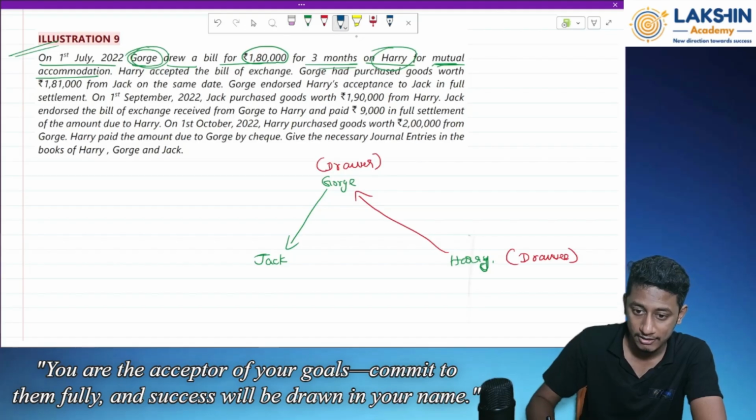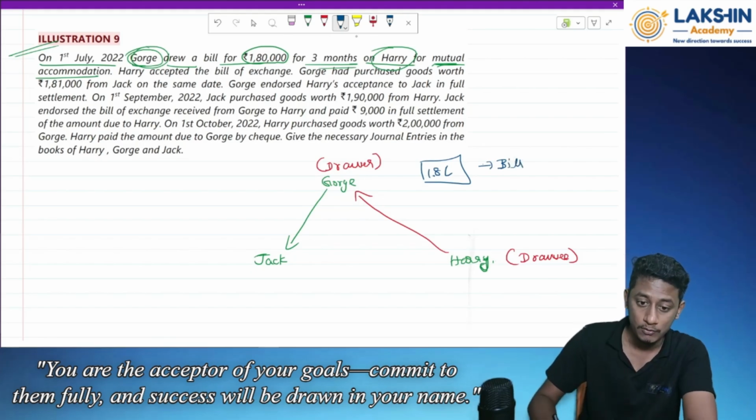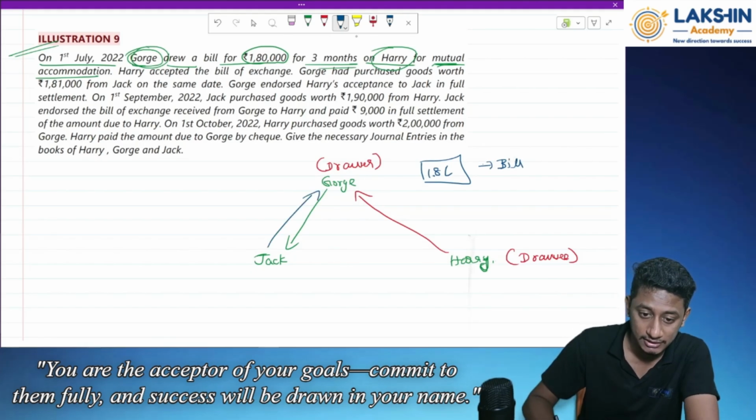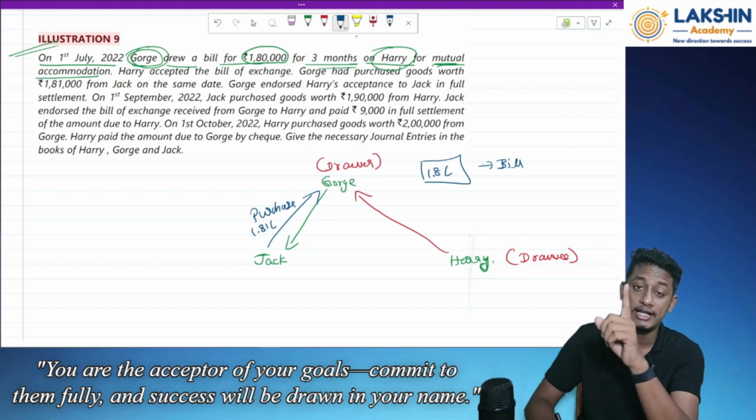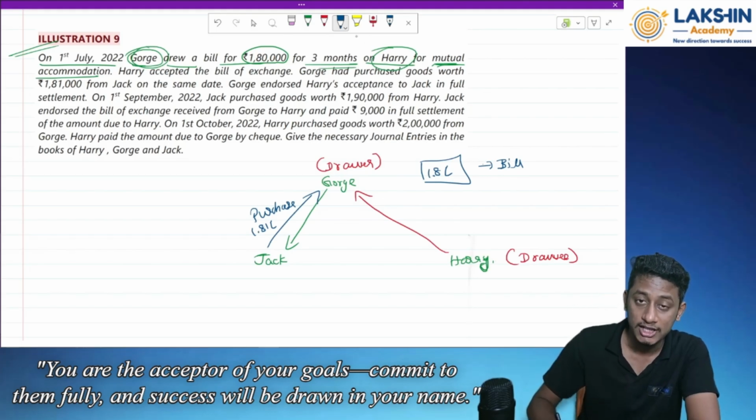The bill of exchange value is 1.8 lakhs. Now how much has been purchased? 1.81 lakhs, 1,81,000, purchased by George from Jack. Now, George gives him the bill of exchange. Instead of making the payment, he gives the bill of exchange of 1.8 lakhs.